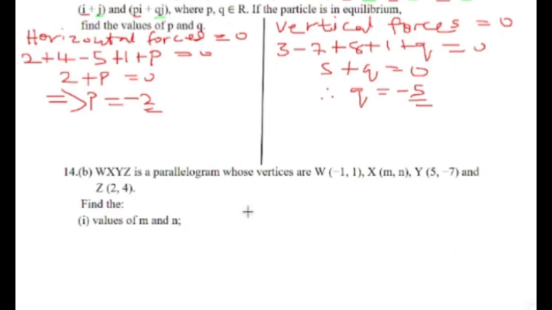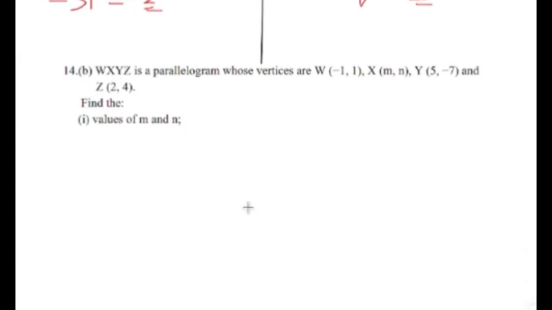Now let's look at 14b. WXYZ is a parallelogram whose vertices are these. We are required to find the values of M and N respectively. Let's see if we can get a parallelogram from these shapes. It doesn't really matter whether the parallelogram behaves much like a rectangle.